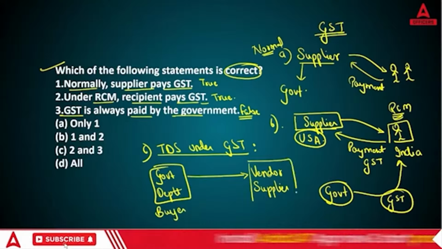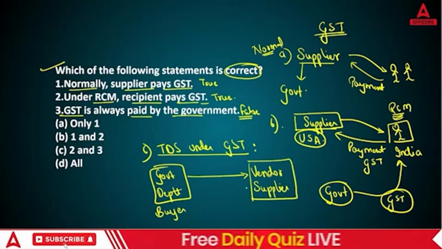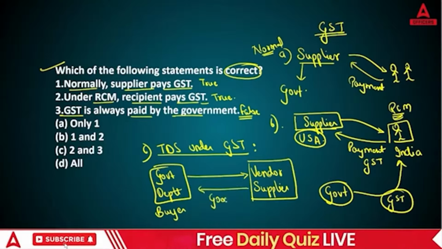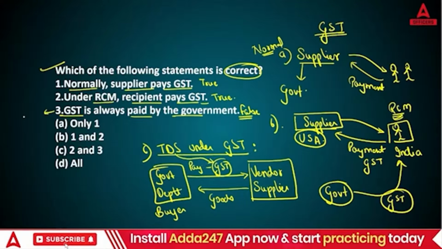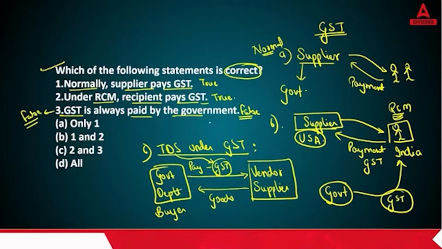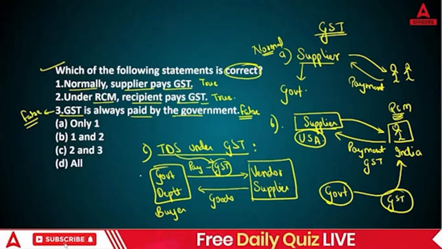So the vendor, supplier will transfer goods, and the government will make the payment, but this payment is going to be after deduction of GST amount. So this GST is known as TDS under GST. So the last option is false, because the government is not always paying GST, and only when the government is the buyer will they pay the GST amount.